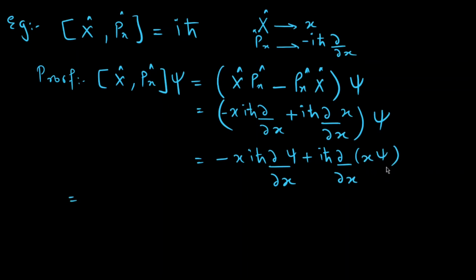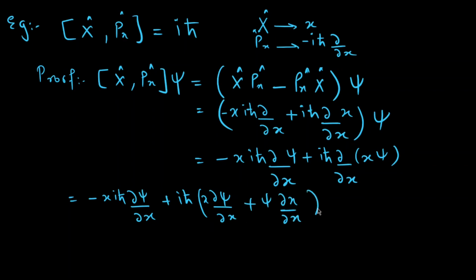So using the UV rule, we get minus x i h cross dou psi by dou x plus i h cross, dou x into dou psi by dou x plus psi into dou x by dou x. So this thing cancels out and becomes 1.